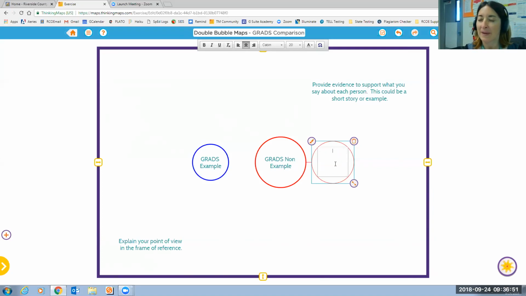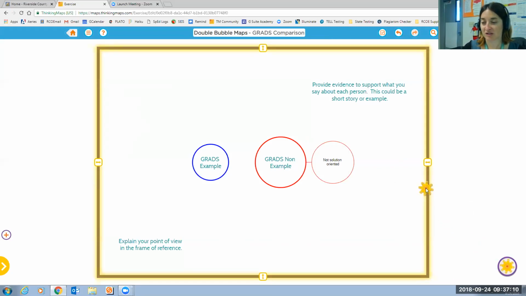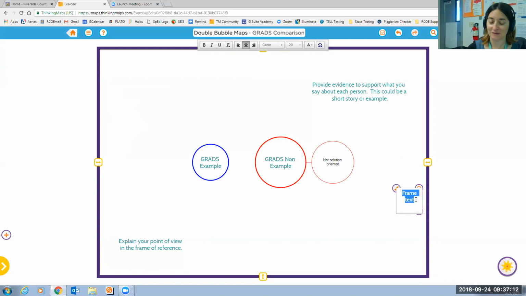You know what? That might be a better explanation, huh? Okay, so if they're a non-example of GRADS, if they're complaining all the time, I might say not solution oriented. That means they're not looking for solutions to their problems. They're just complaining or seeing themselves as victims.